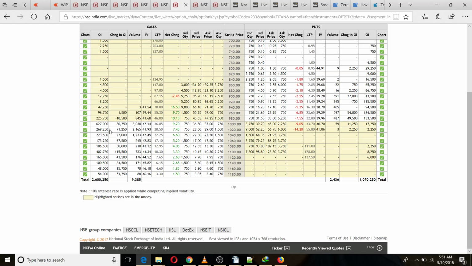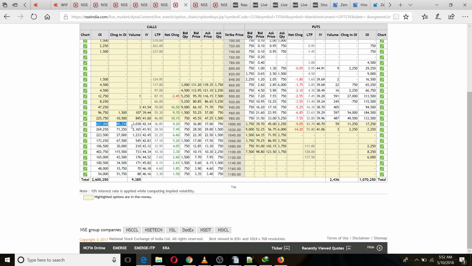We see that a lot of call writing has happened, mostly at 1100. We have the highest open interest of call at the 1000 level. Yesterday maximum addition happened at 11 lakh.